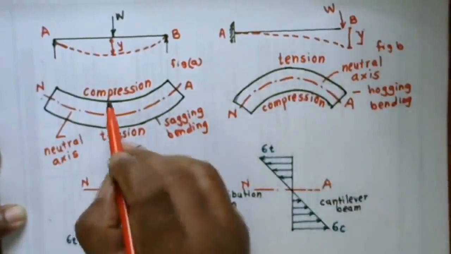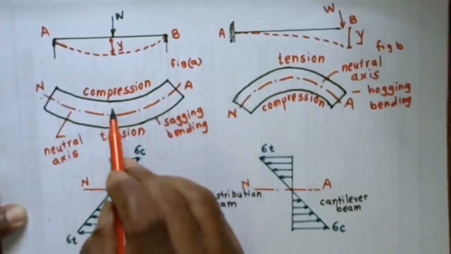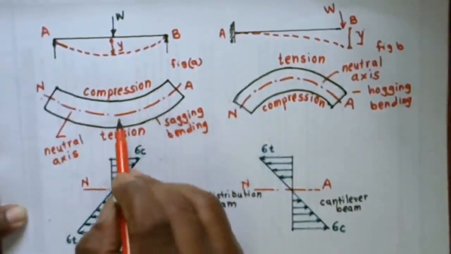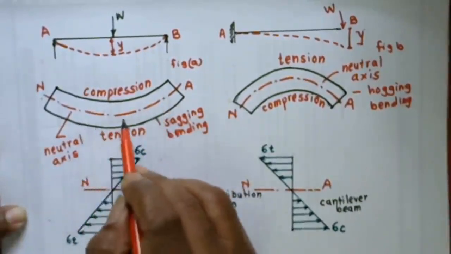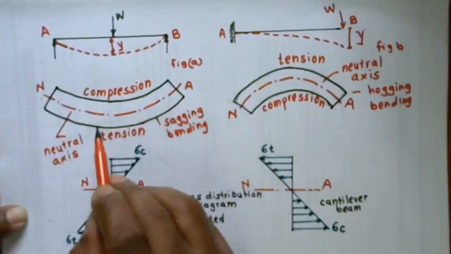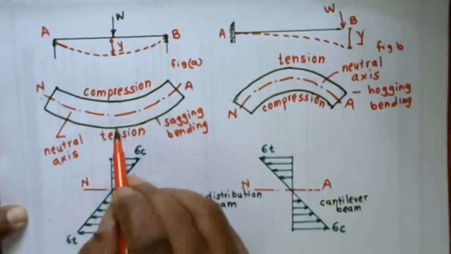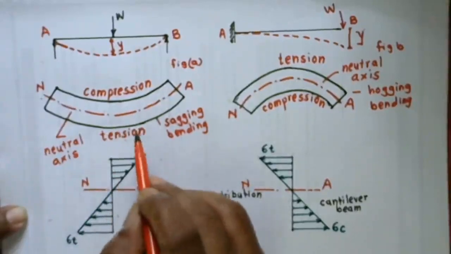It means compressive stresses and tensile stresses are set up due to the bending action. So the internal stresses induced to resist this bending moment are called bending stresses, whereas the internal stresses induced to resist the shear forces are known as shear stresses.